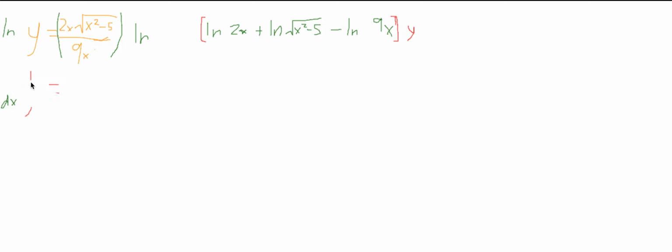So let's talk about another case where you would use logarithmic differentiation. Let's say you have the function y equals x to the power of x. Now you have both the base and the exponent as variables, but we have no rule for differentiating this type, but we can use logarithmic differentiation.